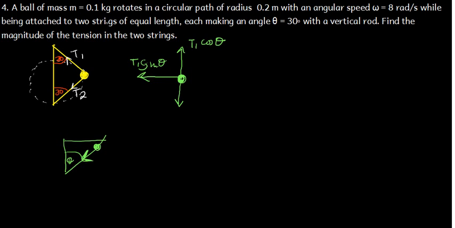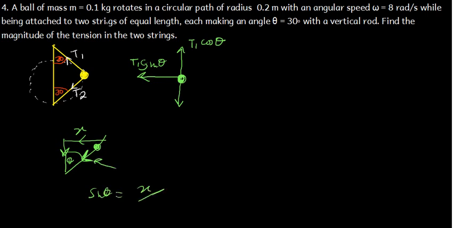Breaking into two components, we are going to have the x component there, and then the y component which is going down there. The angle is here, and x is opposite to the angle. So because x is opposite, we use sine. Sine theta is equal to opposite, which is x, over hypotenuse.